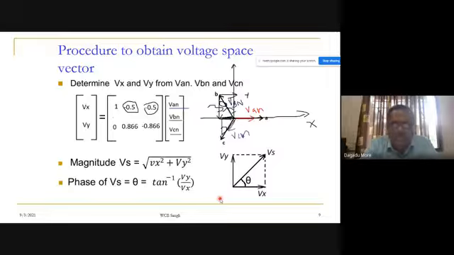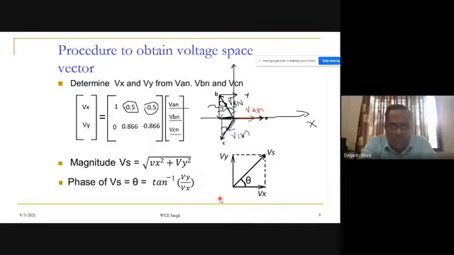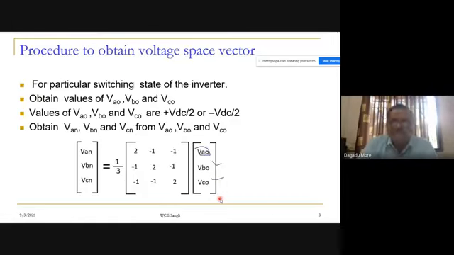For each switching state, how many switching states for a two-level inverter? Hello, I want a response. How many switching states for a two-level inverter? 8. 8 switching states. So how many voltage space vectors for a two-level inverter? For each switching state, we have specific values of VAO, VBO, VCO.